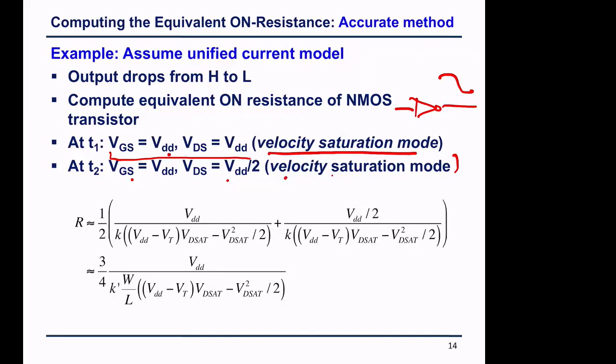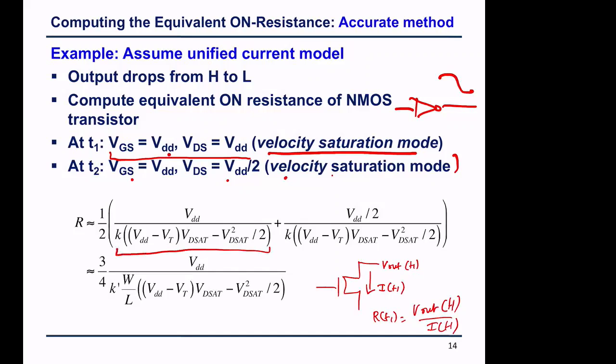Look here, when the output at T1 is equal to VDD and I have some I of T1, then R of T1 will be equal to V out of T1 over I of T1.